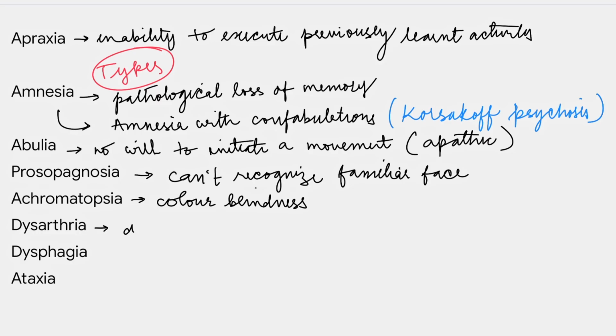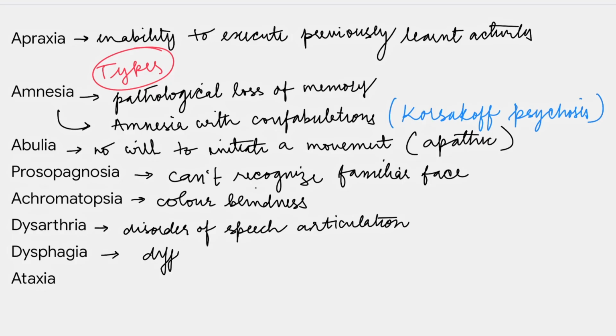Dysarthria is a disorder of speech articulation, not to be confused with aphasia, because here the lesion is not within the language centers. Dysphagia is difficulty in swallowing. Ataxia is lack of coordination.